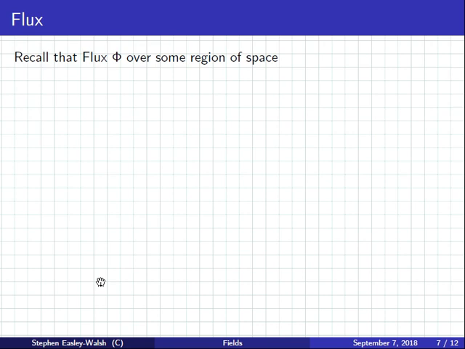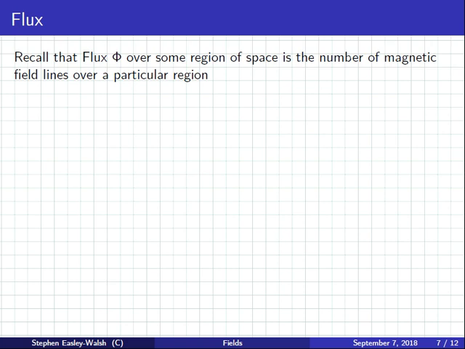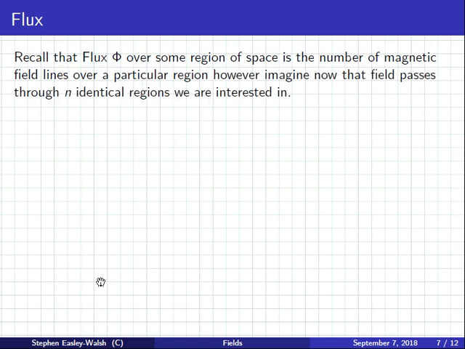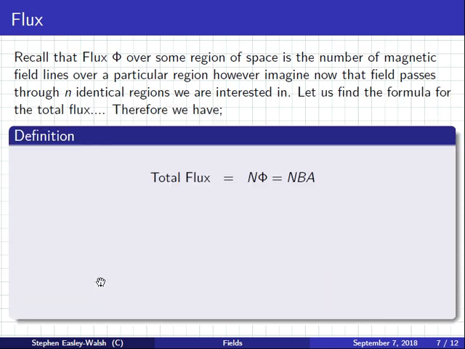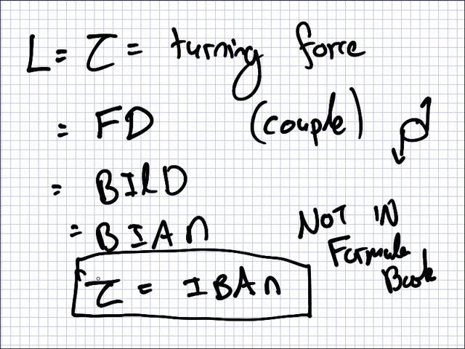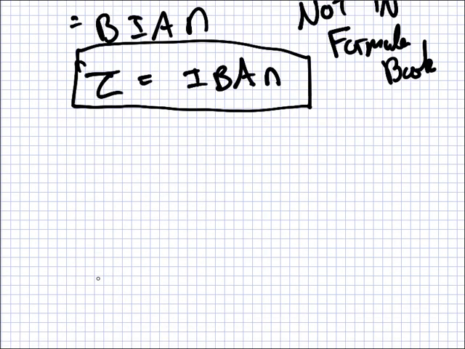Now, remember that flux is the number of magnetic field lines. However, imagine now that the field passes through n identical regions. Let us find a formula for it. It's just going to be NBA. I'll give you an example.